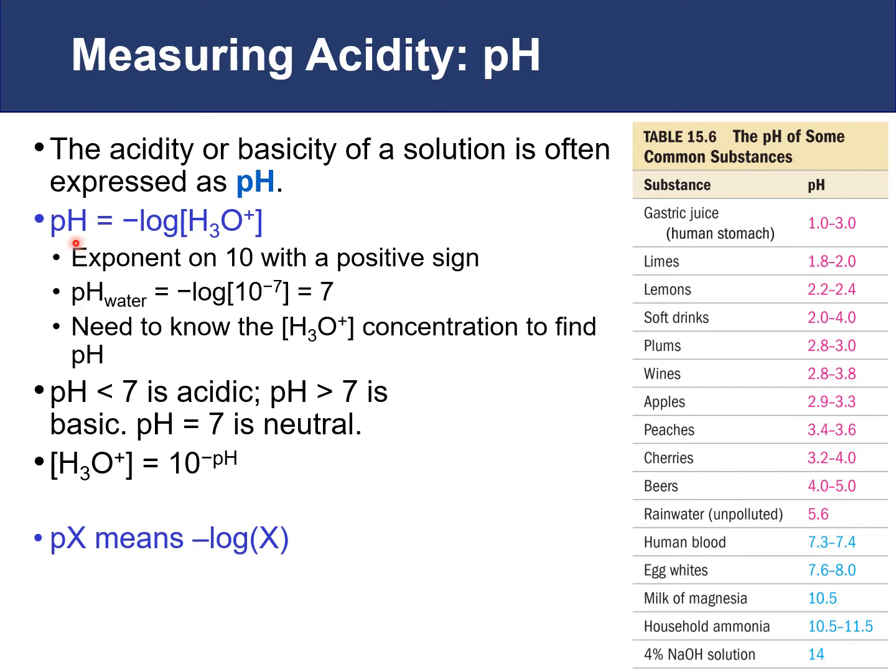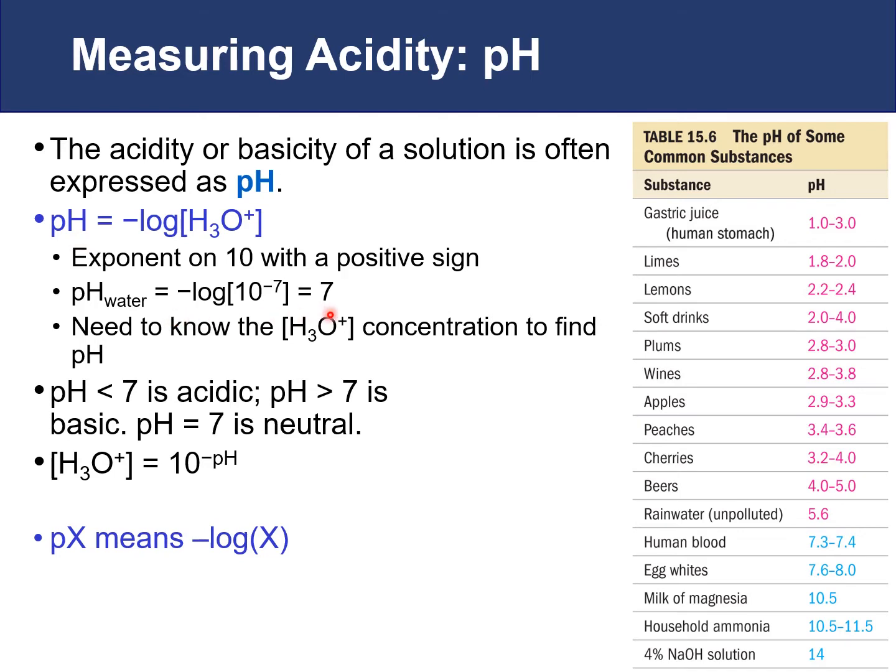Essentially what we're attempting to do is look at the exponent that is on the 10 in scientific notation. So if we're looking at a neutral solution where the concentration of the hydronium ions is 1.00 times 10 to the negative 7th, then the pH of that solution, when we take the negative log of it, would be 7.